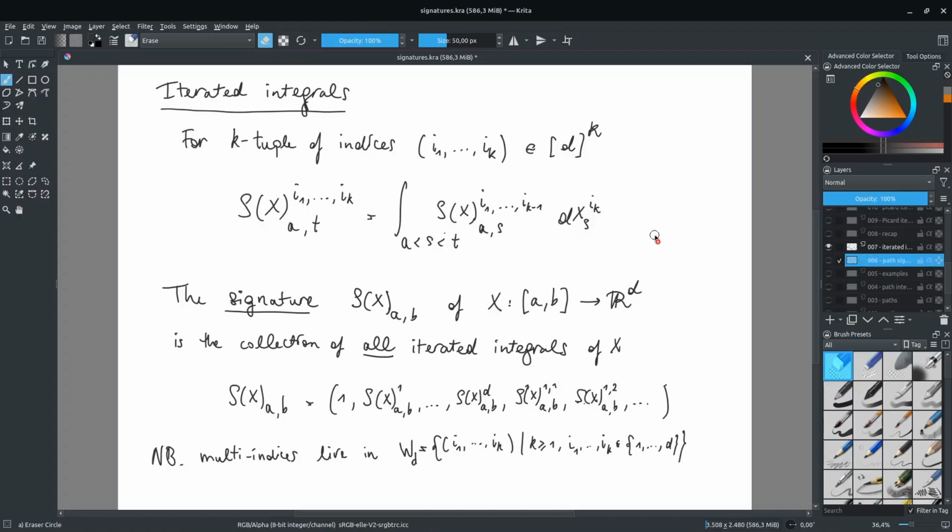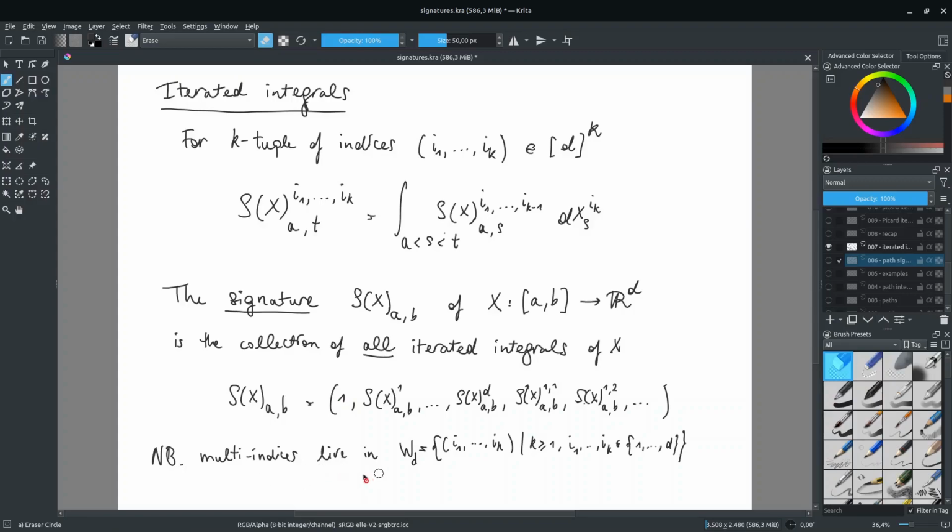Notice that here we take a 1 at the beginning. That's simply for the 0th order integral. We don't take any indices. But yeah, you can think of it as a bit like the Taylor expansion or the Fourier transform, but in a more generic sense.